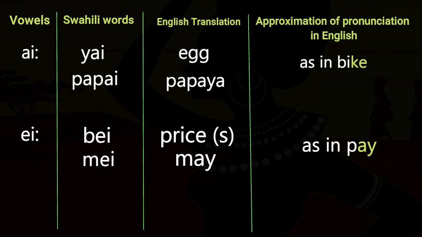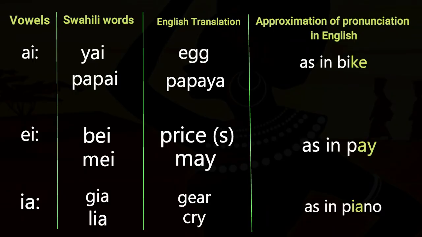And then i, a in words like gia, gear, lia, cry, as in piano.